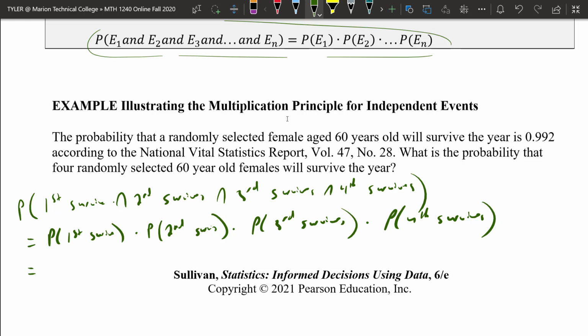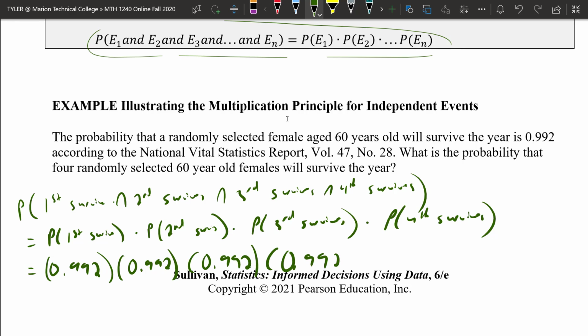All these would be equal to the same thing. Each of these individually would be equal to 0.992. So we'd have 0.992 times 0.992 times 0.992 times 0.992, which is approximately equal to 0.9684.